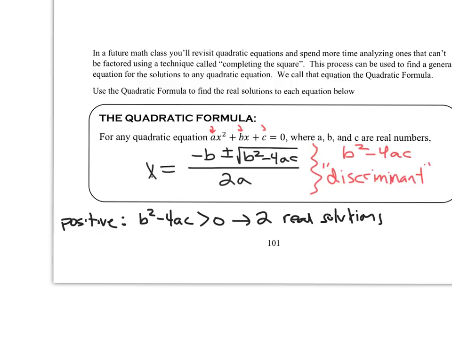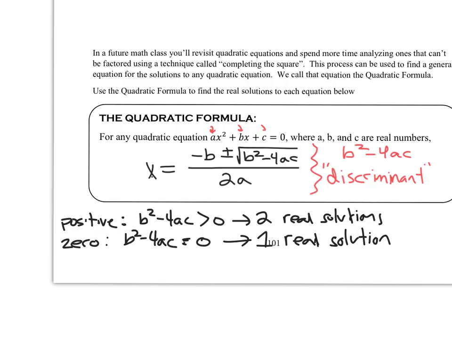Two real solutions. When it's 0, so we do b squared minus 4ac, and the answer turns out to be 0, that means there's going to be only one real solution. And another thing that could happen is it could be negative.